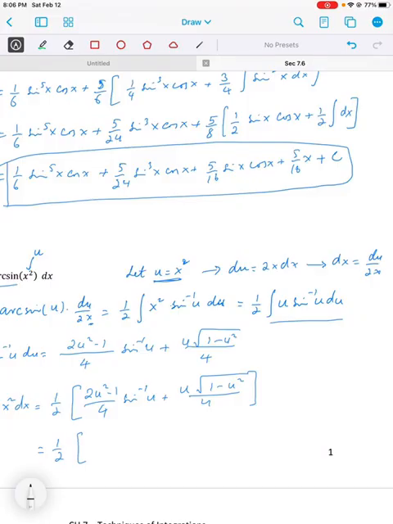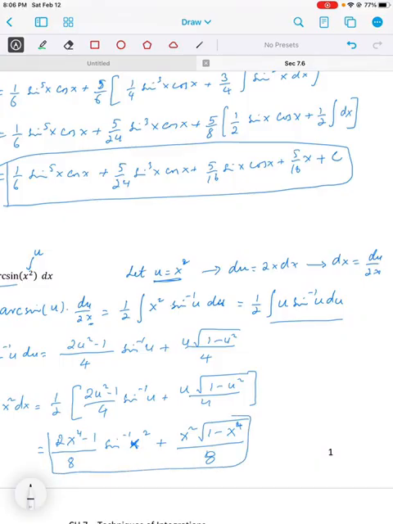We can actually distribute this, I think this will be better. We distribute the 2. So up here we are getting 2 times x to the 4 minus 1, because u squared will be x to the 4, whole divided by 8, sin inverse of u, which is x squared. So sin inverse of x squared plus x squared times square root of 1 minus x to the 4th, whole divided by 8, because that 2 is distributed here as well. So this is the final answer.